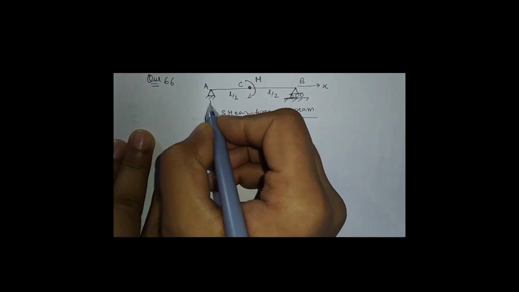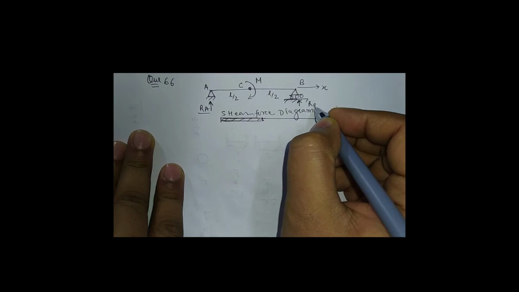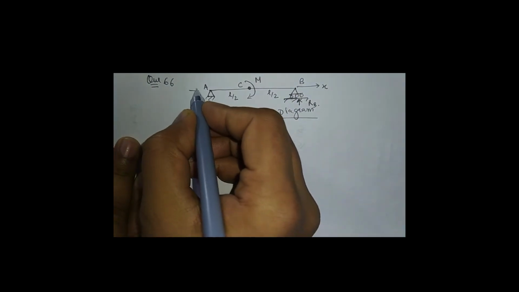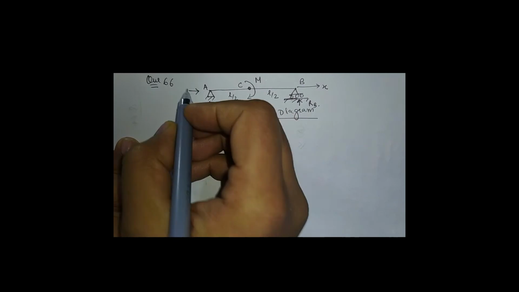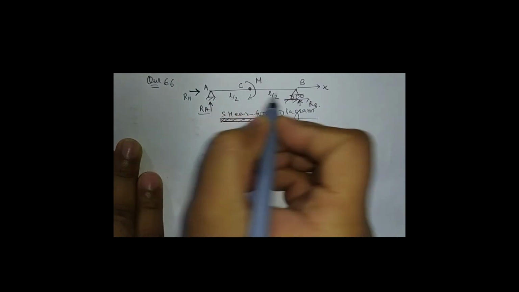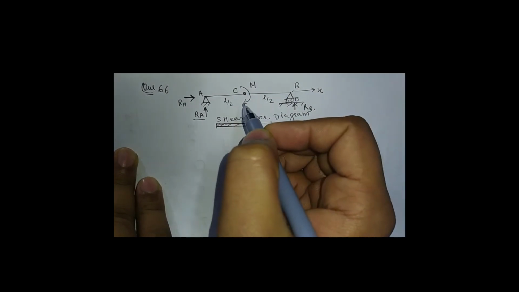So let RA be the reaction at the support A and RB at the support B point. We know that the hinge will support two reactions, RH horizontal reaction, as there is no force in the horizontal direction, so the RH will be equal to 0.